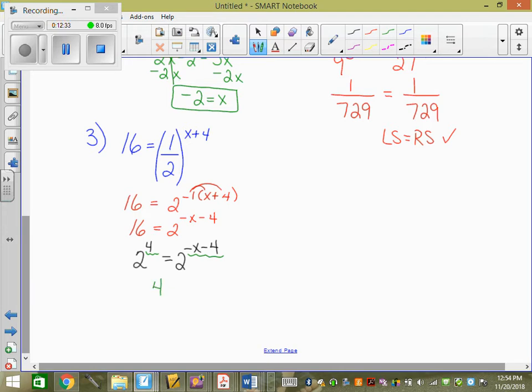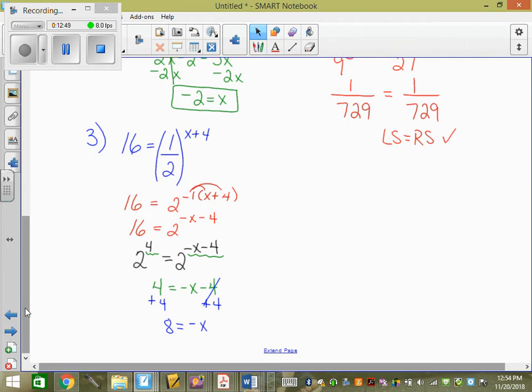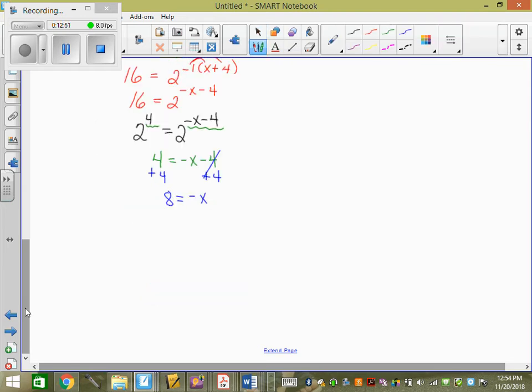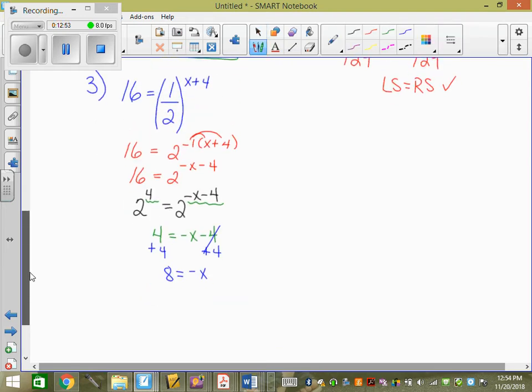So I get 4 equals negative x minus 4. Then what do I do? Add 4. Negative x equals 8. Then what do I do? Divide by negative 1. X equals negative 8.